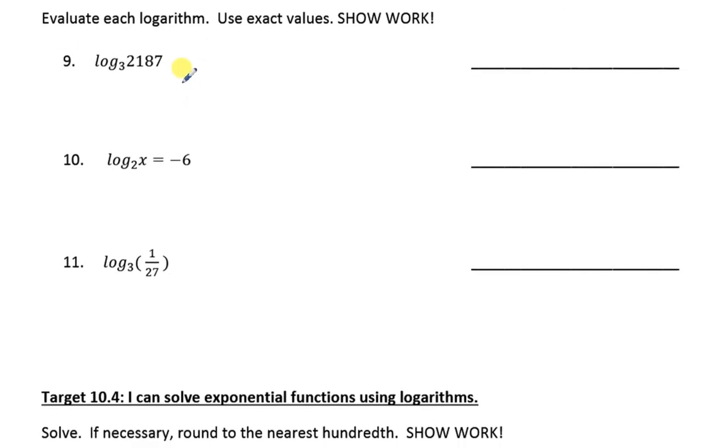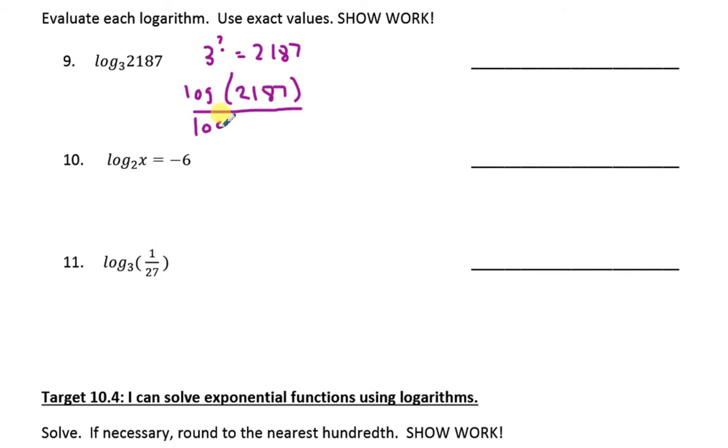Evaluate. So really on this one, this means 3 to what power equals 2187. Now you probably don't know what that is off the top of your head. But to rewrite this with the change of base formula, we can do log of 2187 divided by log of any base.